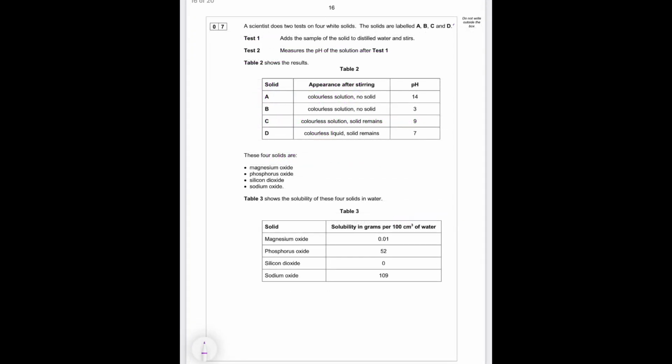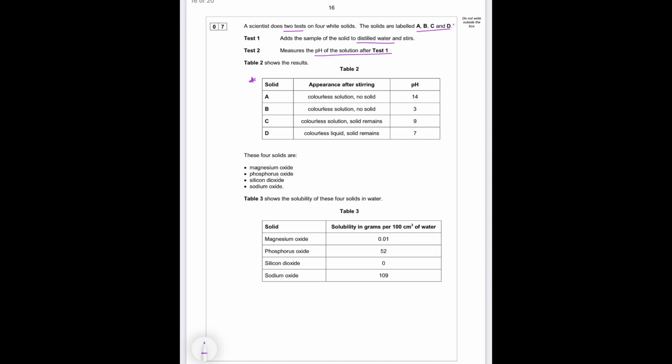In this next question, a scientist did 2 tests on 4 white solids, A, B, C and D. So he adds a sample of the solid to distilled water and stirs, and then measures the pH of the solution after test 1. And we have our results of the pH here.